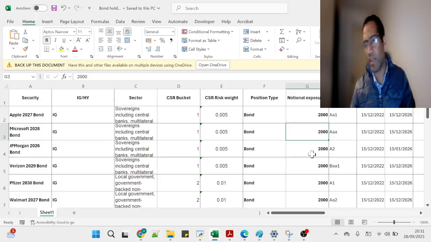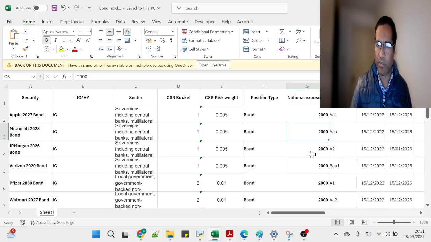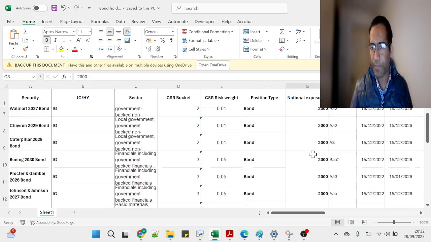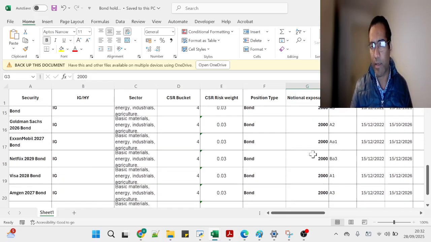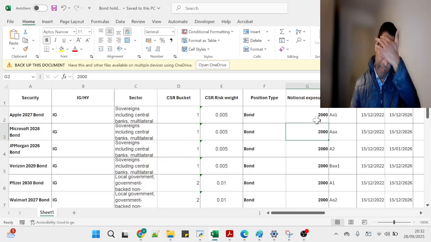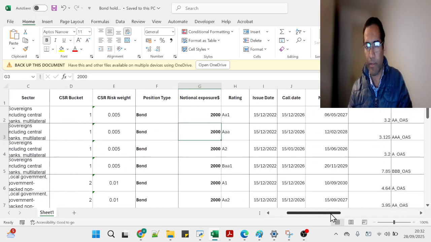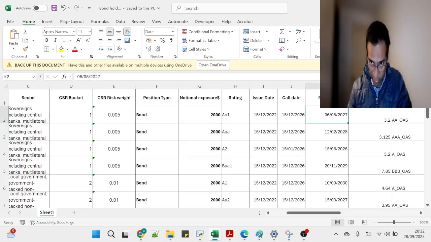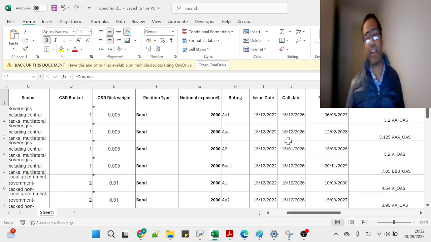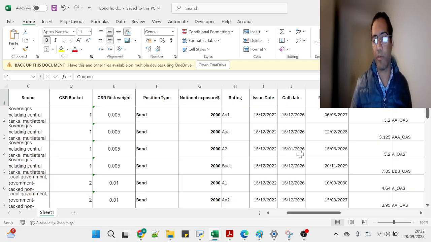Assume that it is referring to some index where the constituents are equally weighted, not market weighted. So every notional is the same for every bond, and there is a rating associated, an issue date, a call date for the bond, then a maturity date, and a coupon date. So this is my investment grade fixed income portfolio.